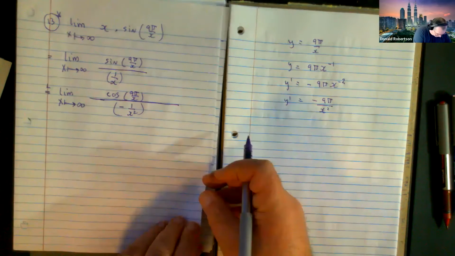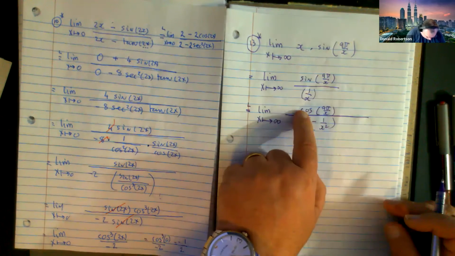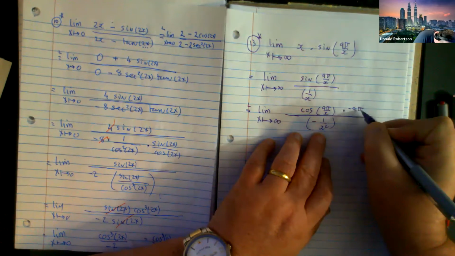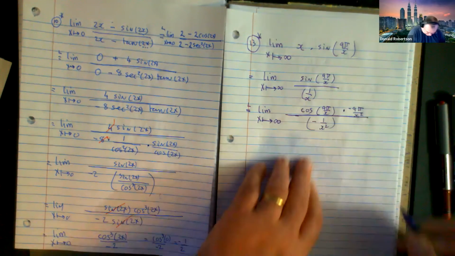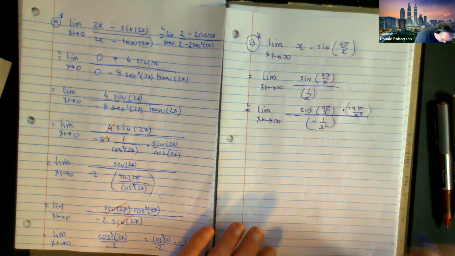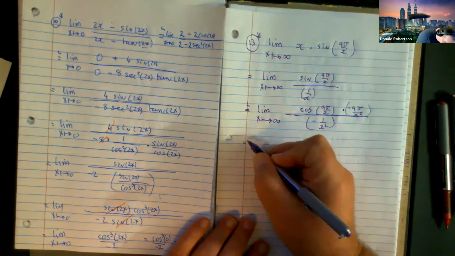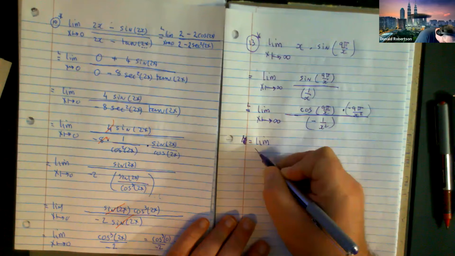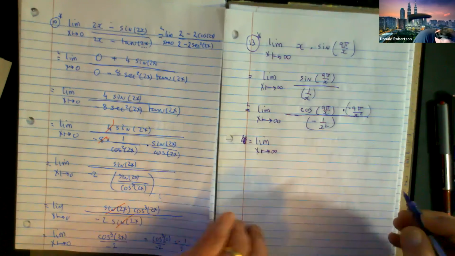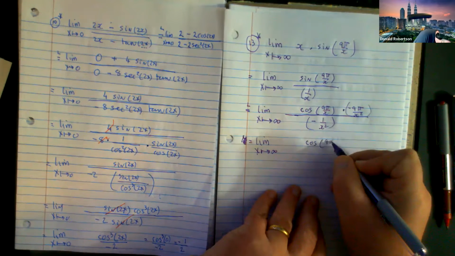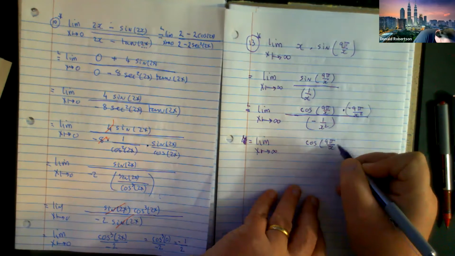So when I differentiate the sine of 9 pi over x, I get the cosine of 9 pi over x times negative 9 pi over x squared. And I'm now just going to do some algebra. Okay, so I have the cosine of 9 pi over x.